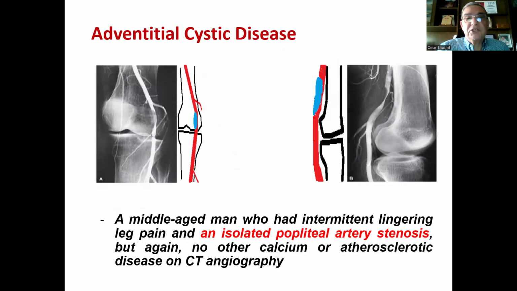Or adventitial cystic disease in middle-aged men who have intermittent claudication and isolated popliteal artery stenosis, but again no other calcium or atherosclerotic disease on CT angiography, as presented here in two sketches describing them.